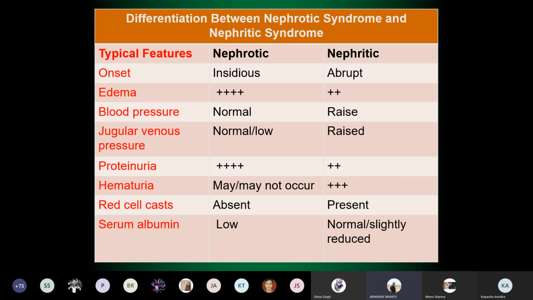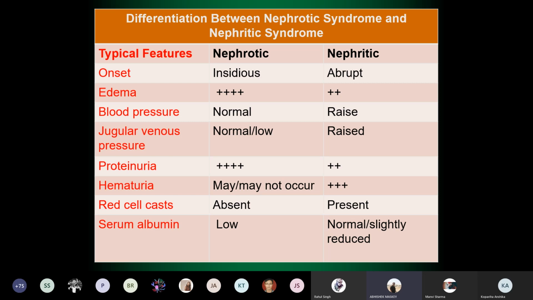So jugular venous pressure is normal in nephrotic syndrome, but it is raised in nephritic syndrome. Because if you have more water inside your body, that also increases intravascular volume, because your edema is not much in nephritic syndrome.